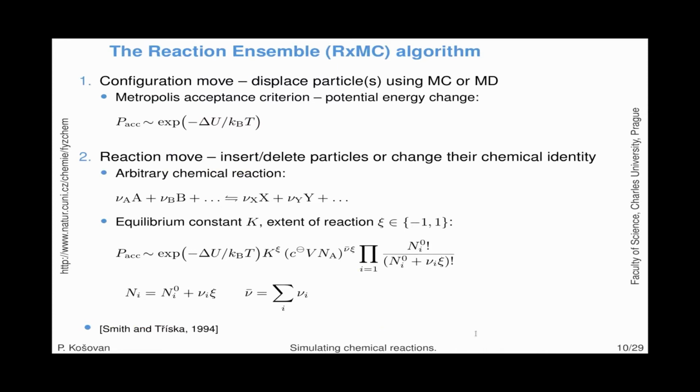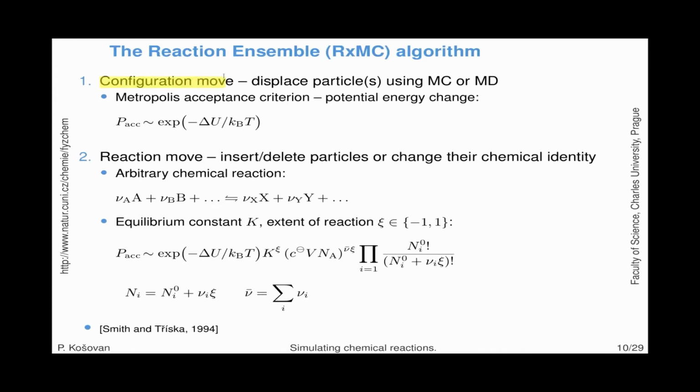Let me start with introducing the reaction ensemble algorithm, because this algorithm, in my perspective, looks like a parent of all the others, and it introduces the key concepts that we will use later. In this reaction ensemble simulation, we do two types of Monte Carlo moves.